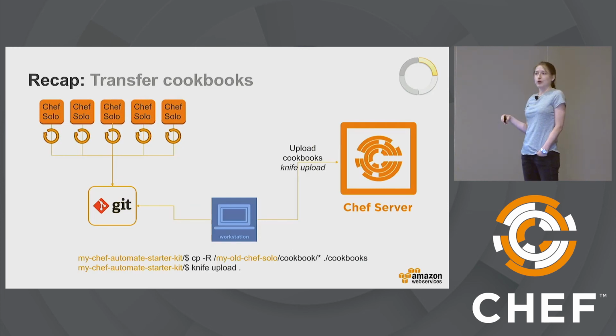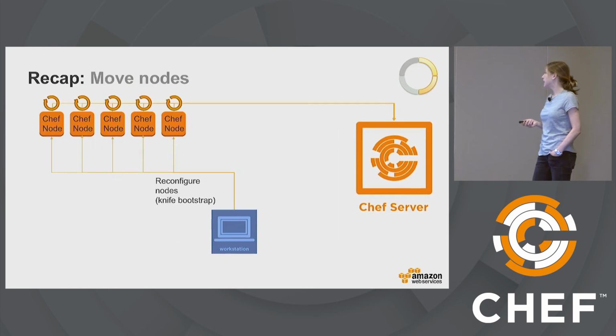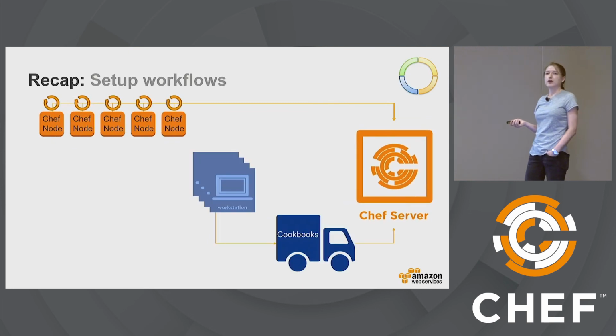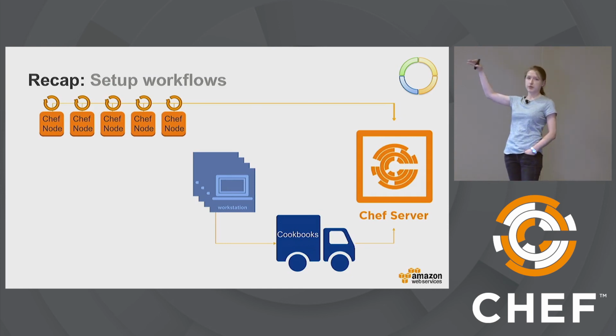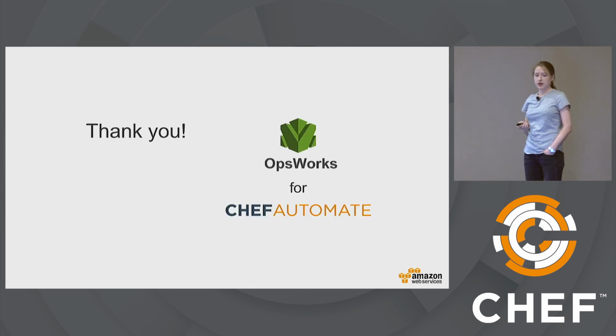Then you moved your cookbooks into the Chef Server once you got Chef Automate. Then you moved your nodes into the Chef Server. And then you set up the delivery truck in workflows to deliver the changes you made to your cookbooks to the Chef Server, and then they would later be picked up by your nodes. So that's pretty much it.